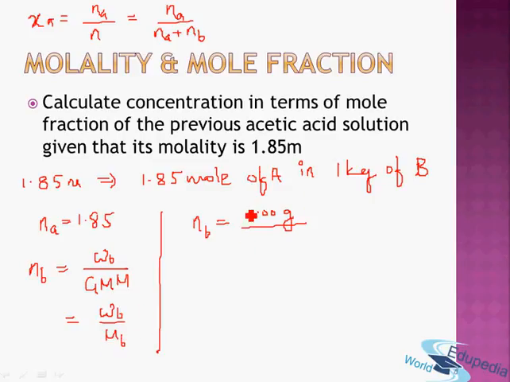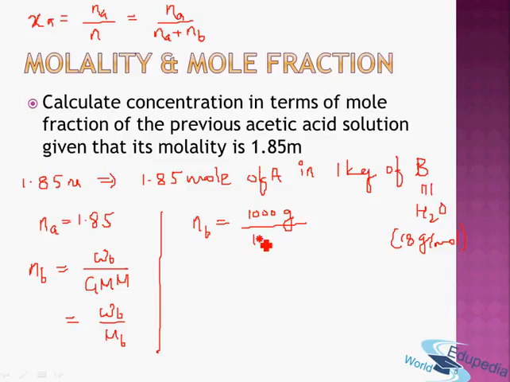So what is solvent? I have acetic acid solution from the previous question. If you remember from the previous question, it is an aqueous solution. Aqueous solution means my solvent is water. That is, B is actually water. And what is molar mass of water? Molar mass of water is 18 gram per mole.